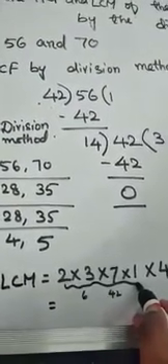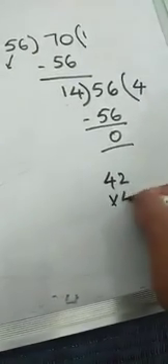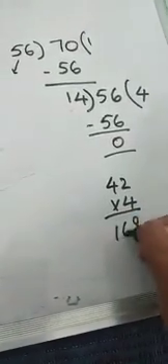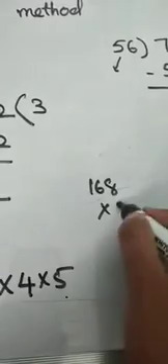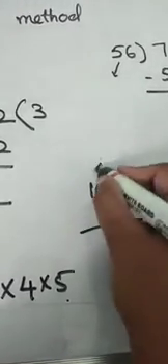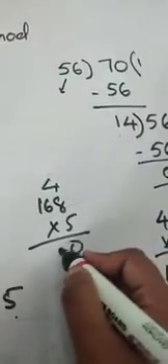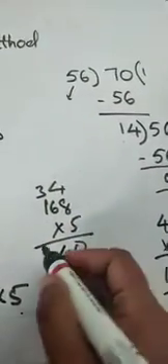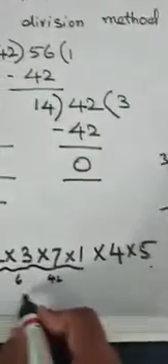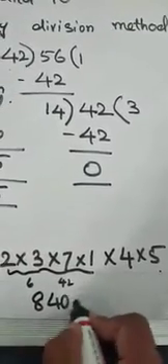Next, 42 into 4: 4 2s are 8, 4 4s are 16, so 168. 168 into 5: 5 8s are 40, 5 6s are 30 plus 4 is 34, 5 1s are 5 plus 3 is 8. So 840 is our LCM.